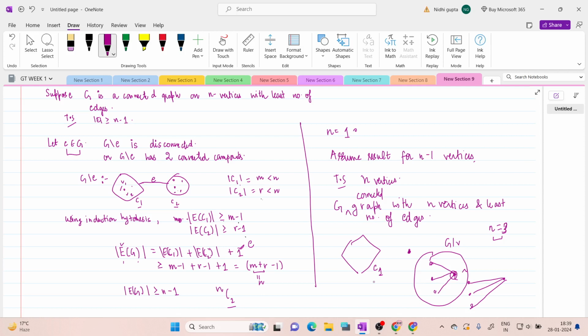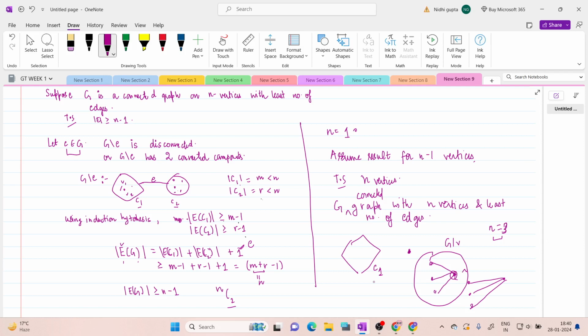Okay. But it is not clear why it should always be there. If we can prove that first, then with the induction hypothesis, we can assume that C1 is connected with the minimum number of edges, say n minus 1. No, the induction hypothesis is saying that the result is true for n minus 1 vertices.